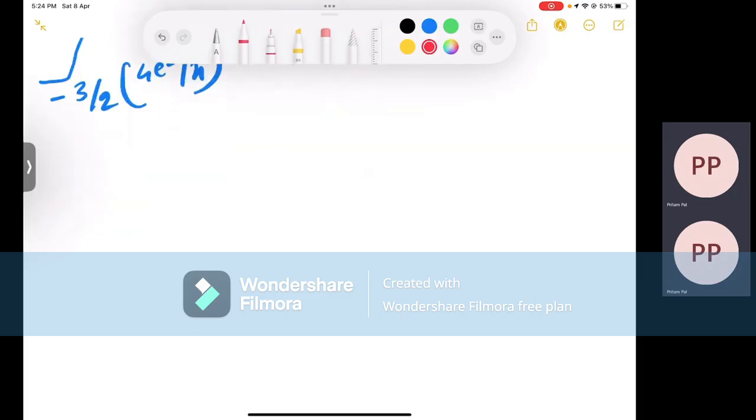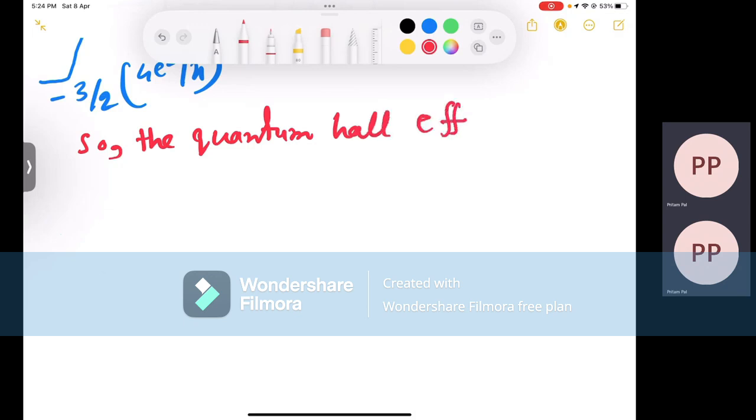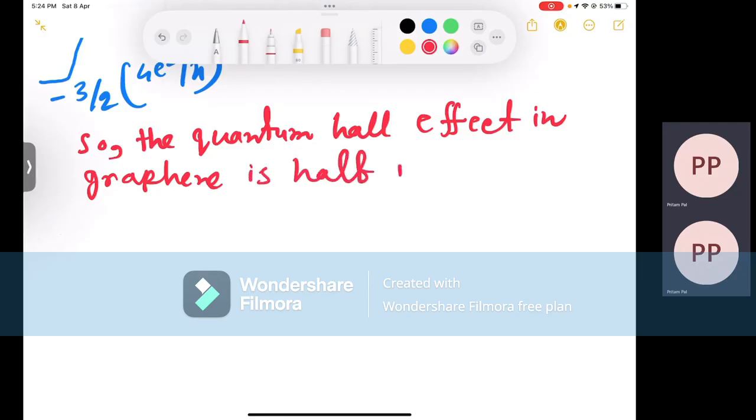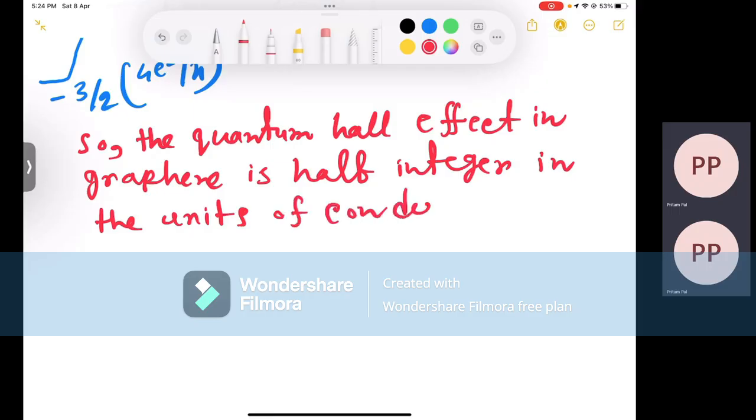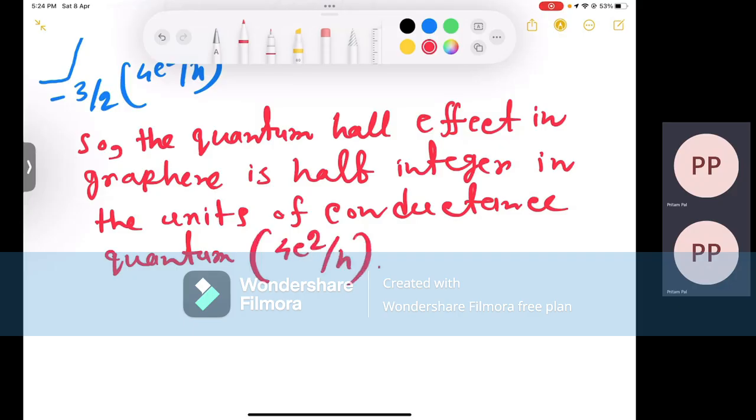So the quantum Hall effect in graphene is half integer in the units of conductance quantum, which is nothing but 4e squared divided by h, right?